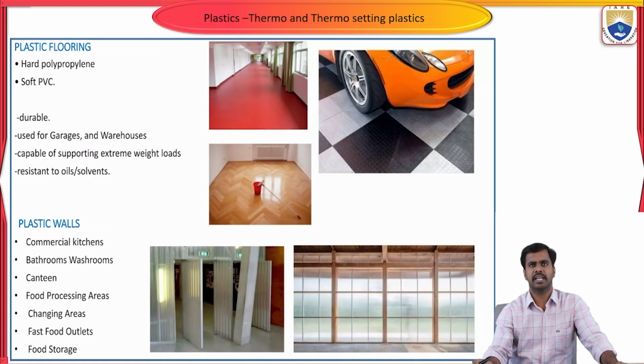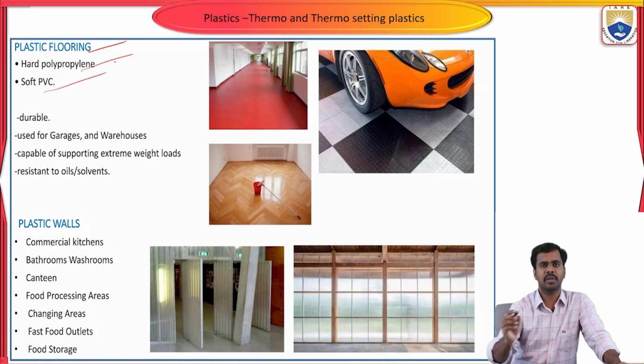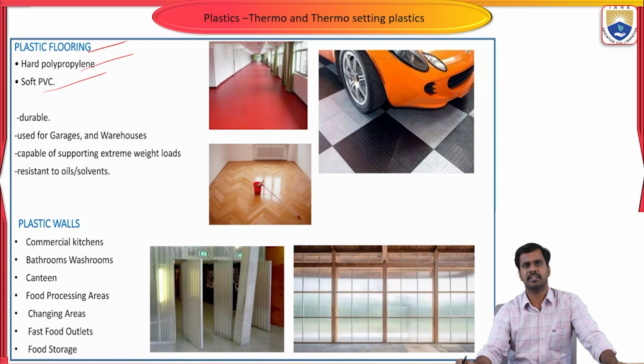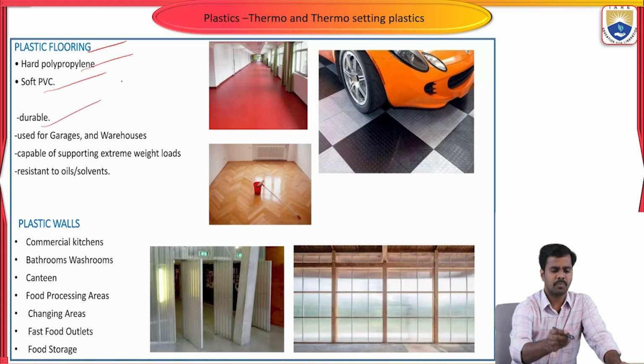You can see here different types of floorings which are made up of different types of plastics. Properties of plastic flooring: hard polypropylene is used as flooring, and soft PVC, soft polyvinyl chloride, is also used as flooring.